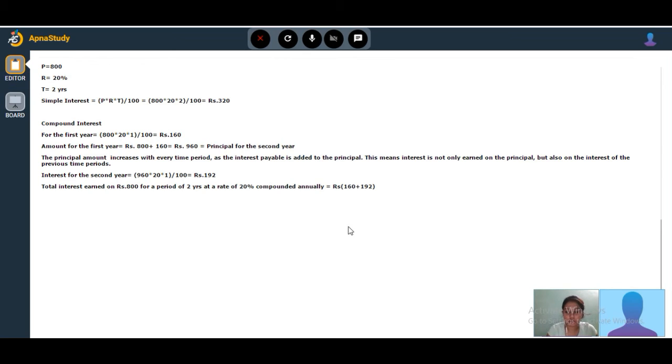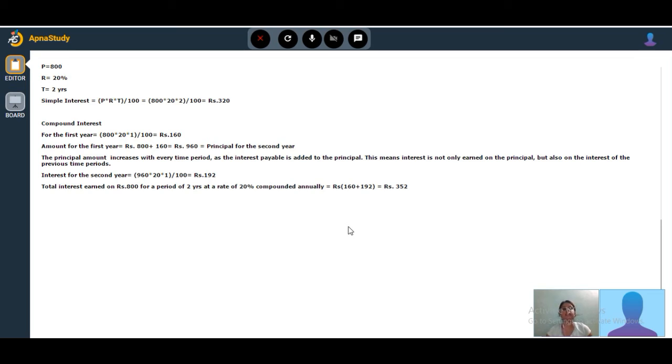So cumulatively, it turns out to be rupees 352, which is rupees 32 more than the simple interest. Okay, you can see over here, the simple interest was rupees 320, and the compound interest calculated is rupees 352.